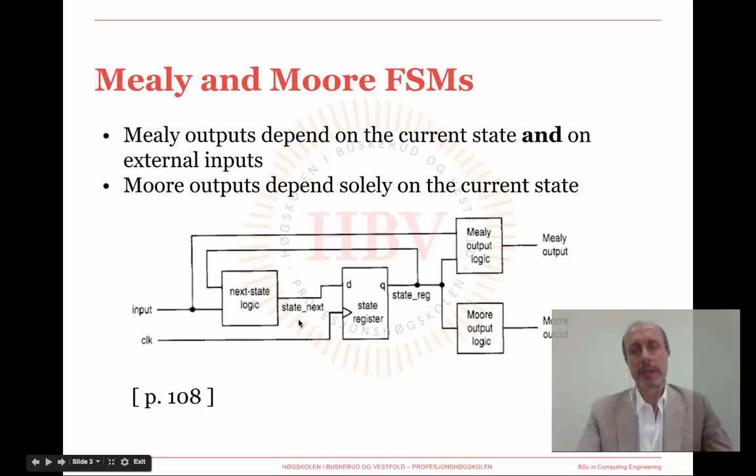So this block diagram brings into evidence that the Mealy outputs depend directly on external inputs, and therefore a change in the input can cause directly a change in an output. That's not the case of Moore outputs, which depend only on the current state.